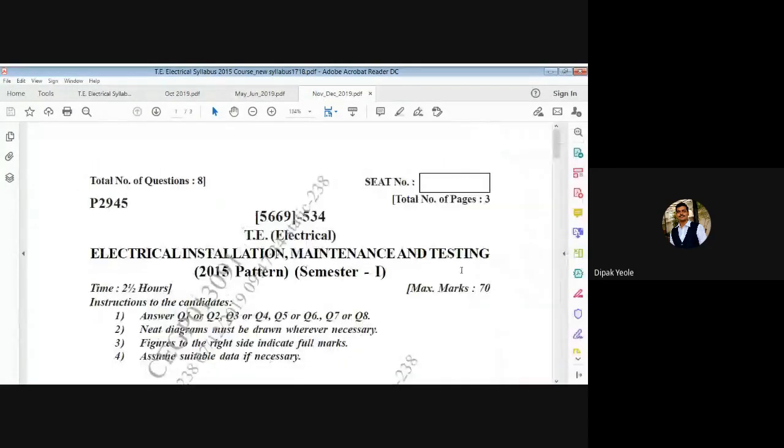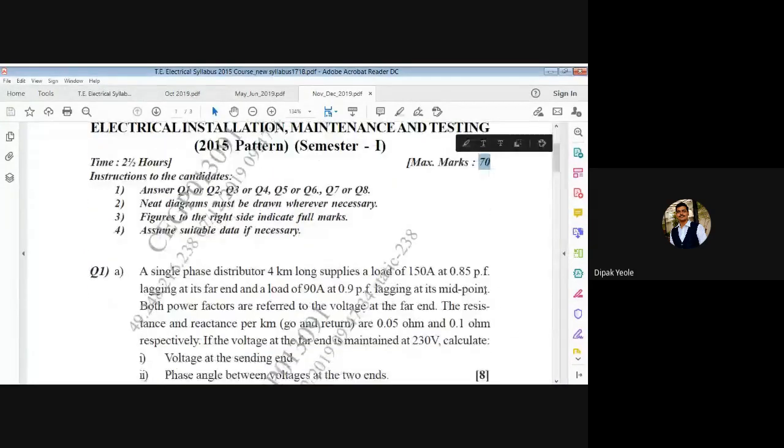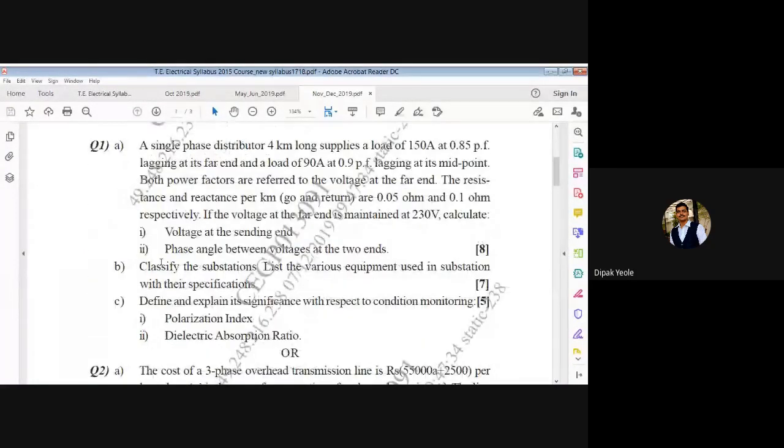So this is again a 70 marks end semester paper, and we will see what questions are asked from unit number 2. Yes, so this is the question. Classify the substation, list the various equipment used in the substation with their specification. Obviously, this carries the weightage of 7 marks. You must write in a systematic way to get these 7 marks.